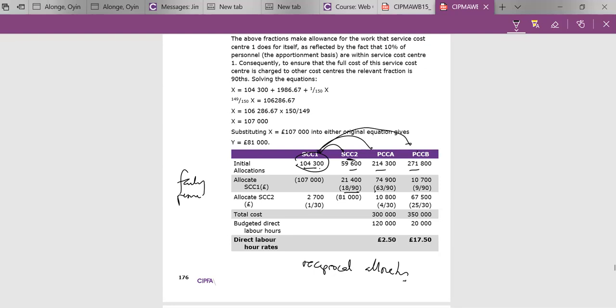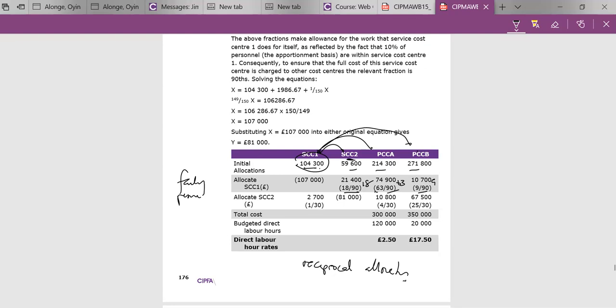So that's 18 over 90 because you had 18 people here, 63 people here, and 9 people here. So if I split it 3 ways, I will be splitting it 18 over 90 times 104,300.